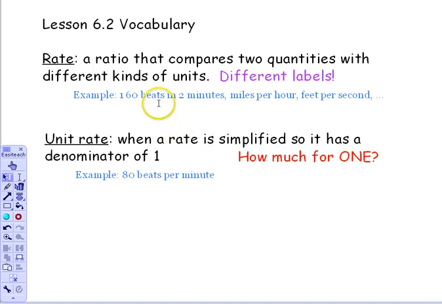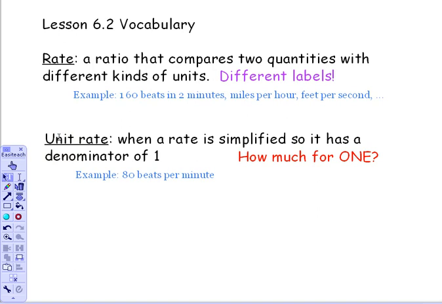So that means we could have beats per minute, we could talk about miles per hour, we could also talk about feet per second. These are just a couple examples of rate. Okay? In a unit rate, unit means one. If you're looking at a unit of measure, it just means one measure.